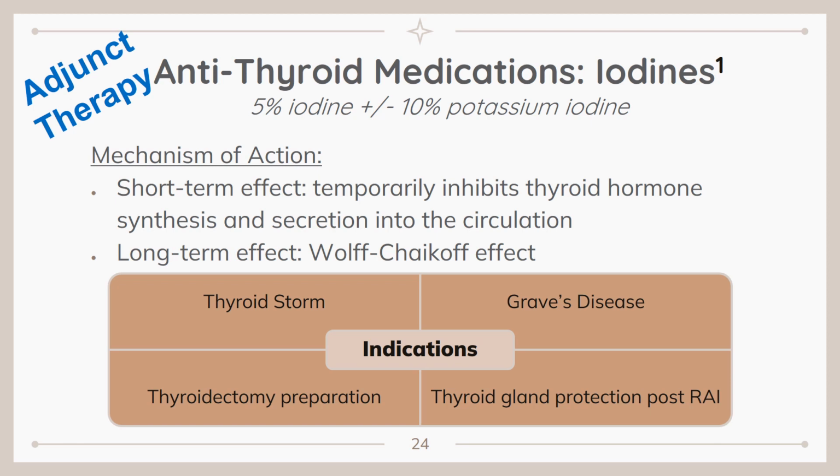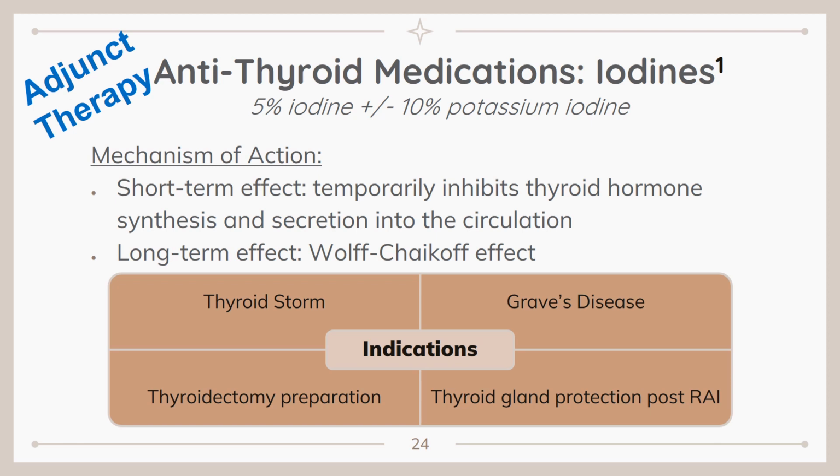Otherwise, there is a long-term effect known as the Wolff-Chaikoff effect. That is when the body is exposed to high levels of iodine all at once. It will downregulate the production of thyroid hormones overall, just as a protective mechanism. This decrease is usually temporary, and it's meant to prevent any excess thyroid hormone levels, which can be harmful to a patient.